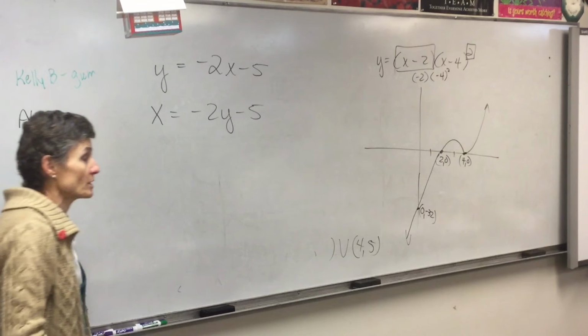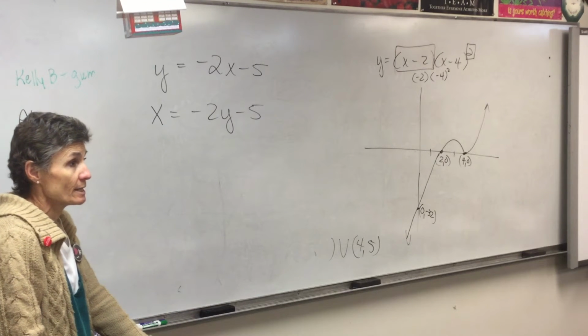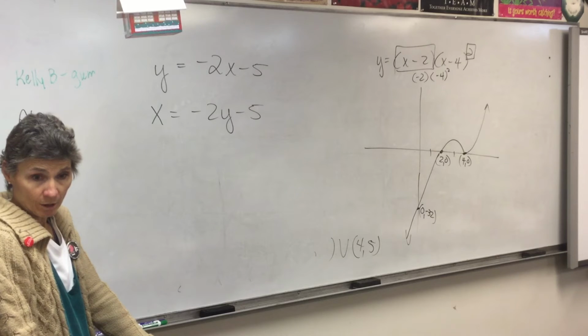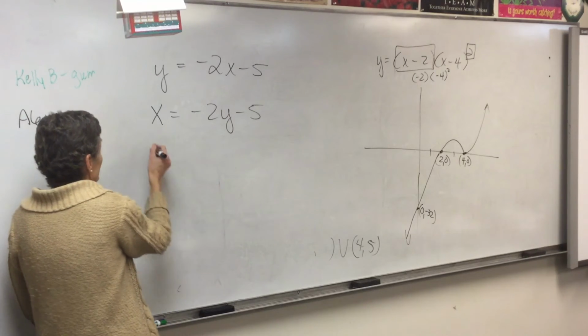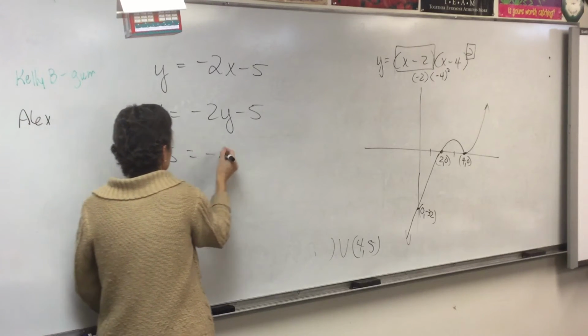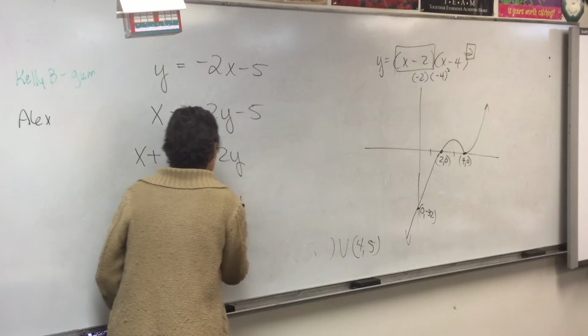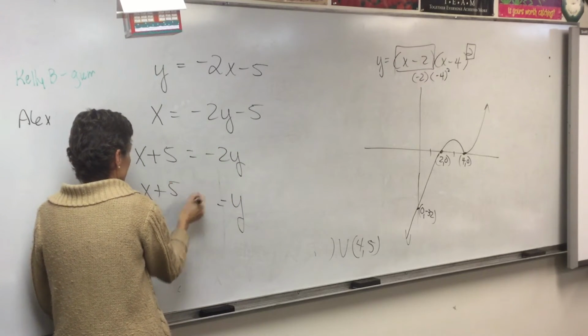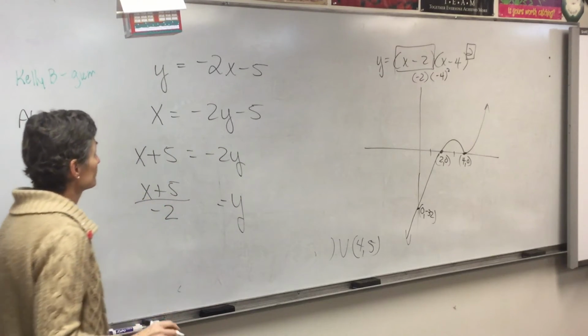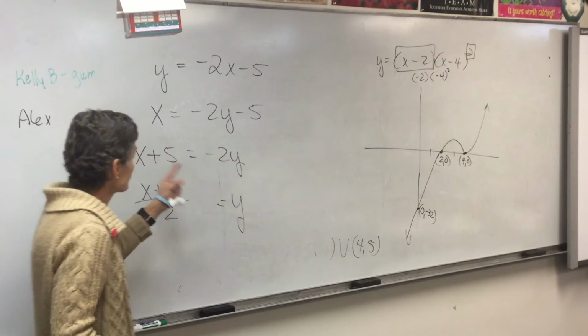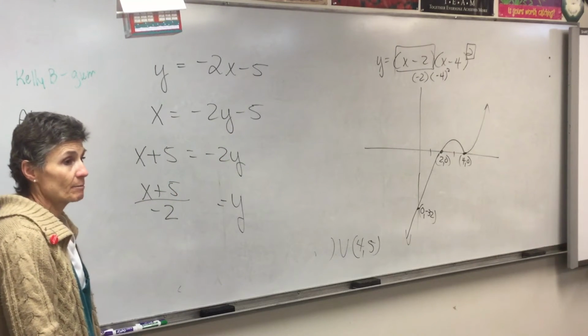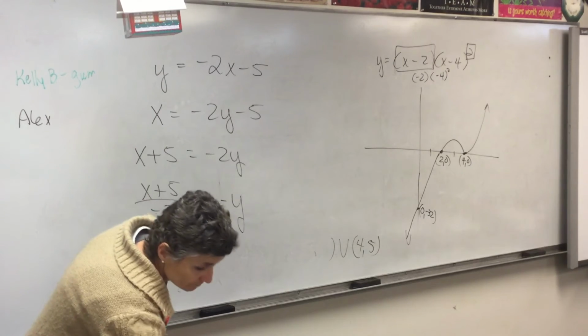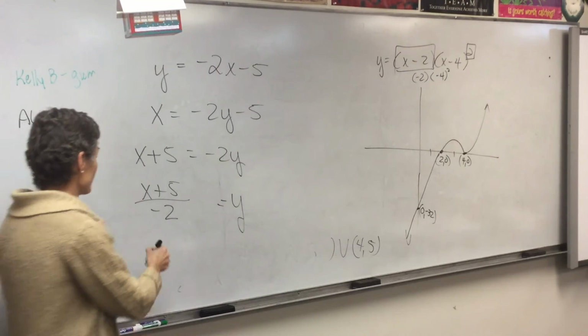And once we switch the variables, then we solve for y. So we'll add 5 and divide. So we add 5 to both sides and divide by -2. So there's your inverse.